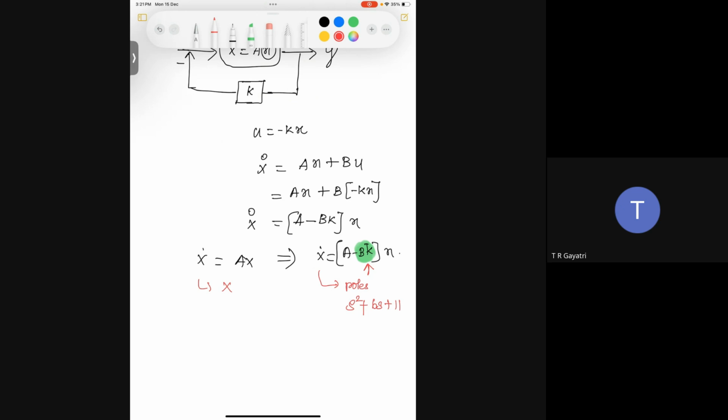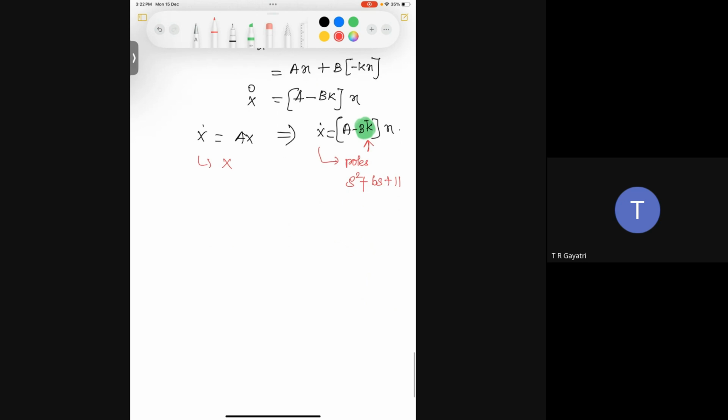You write the characteristic equation and then make 11 plus k1 and 6 plus k2.